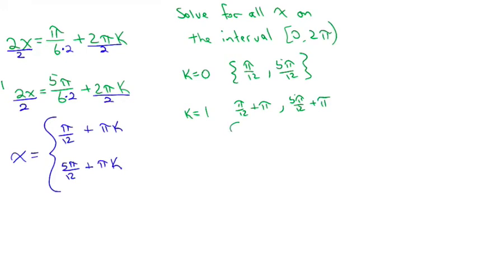So what does that give you? What's pi over 12 plus pi? 13 pi over 12. And 5 pi over 12 plus pi? 17 pi over 12. Because pi would become 12 pi over 12, and then you just add across.